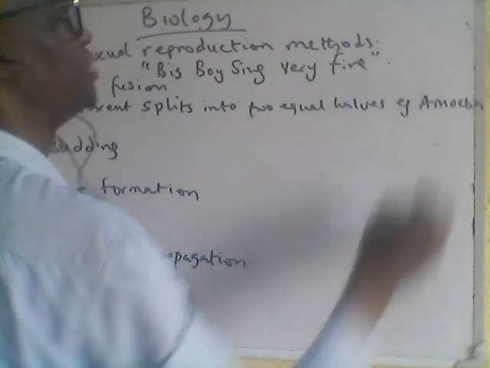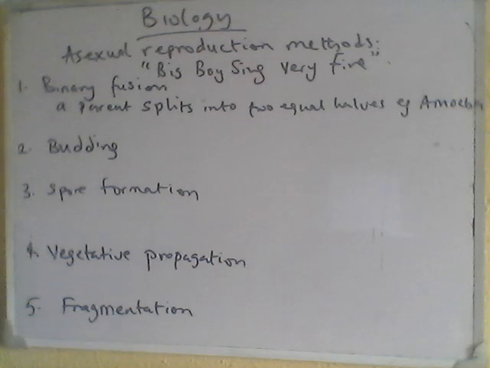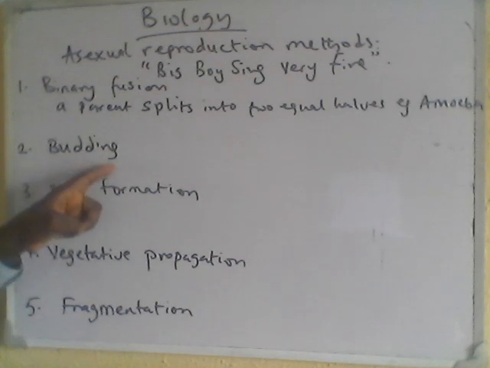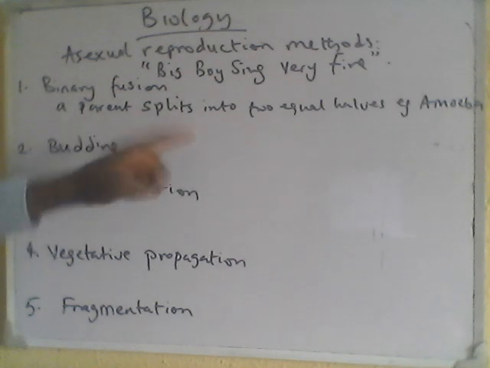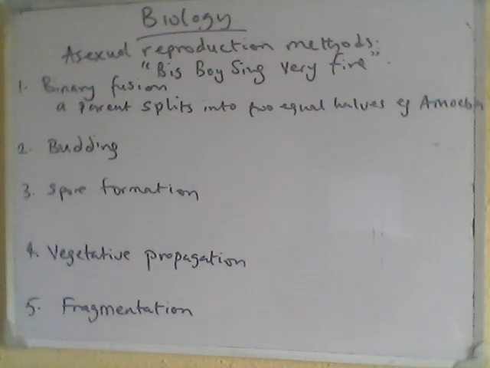Sorry, I said ammonia. I'm thinking about chemistry right now. So amoeba is an organism that splits into 2 organisms in the process known as binary fission. Now, budding is, in this situation, a new organism grows from the parent, like yeast and hydra.